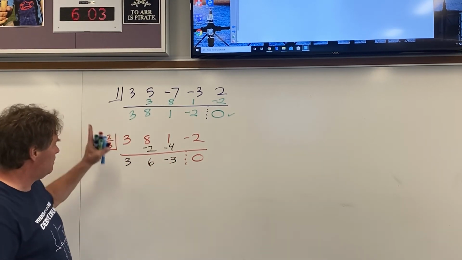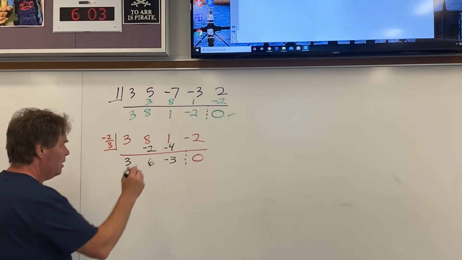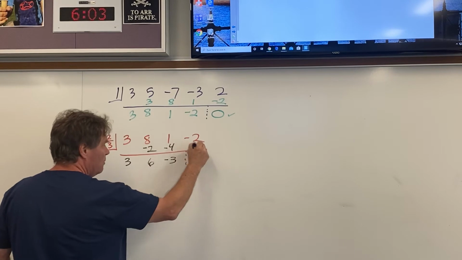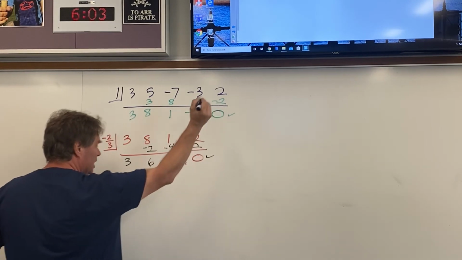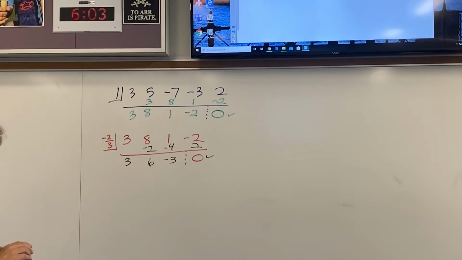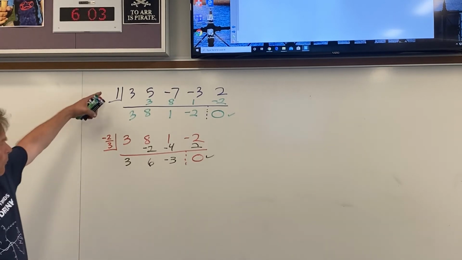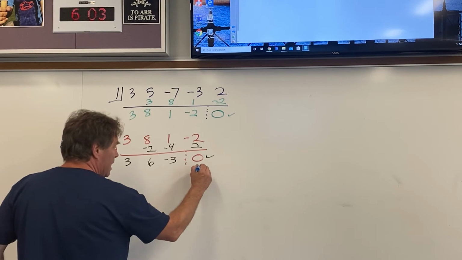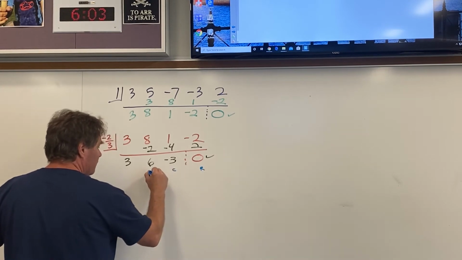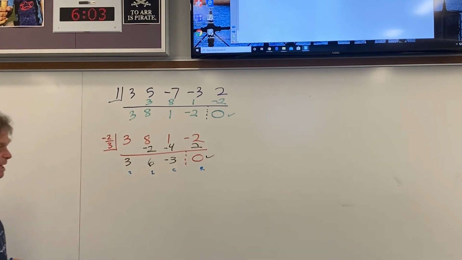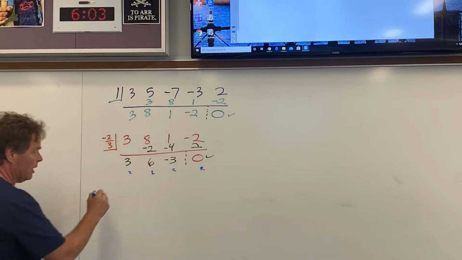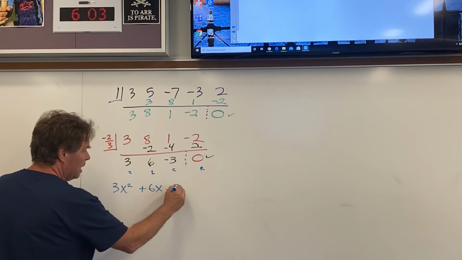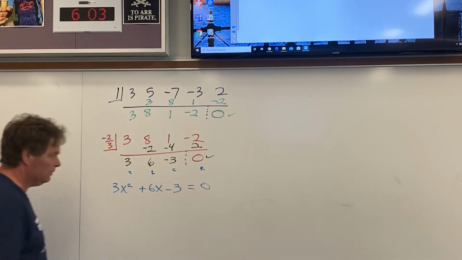First of all, negative times negative is positive. The 3 upstairs and the 3 downstairs cancel. That gives you +2. This and this is 0. Cha-ching, just like I wanted. And now I have knocked it from a 4th down to a 3rd and from a 3rd down to a 2nd. So right now, remainder, constant, 1st power, 2nd power, I have a 2nd degree equation. It looks like this: 3x squared plus 6x minus 3 equals 0.